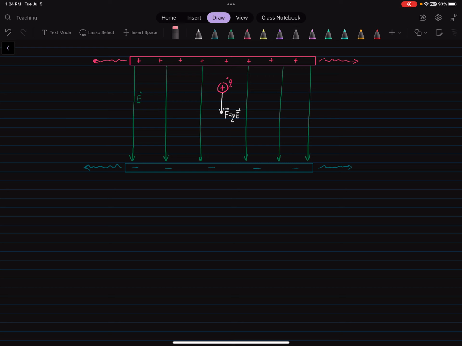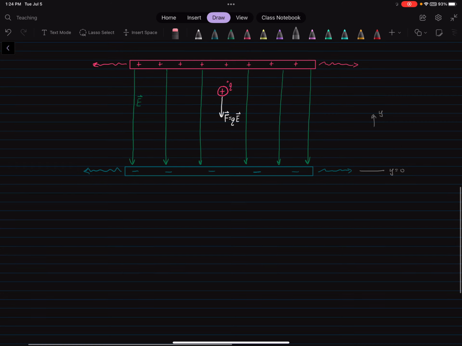So let's say that the positive y direction is upwards, and y equals 0 is down here. If we want to describe the journey of the same particle from up there to down here, I'll color that in so it's not ambiguous.